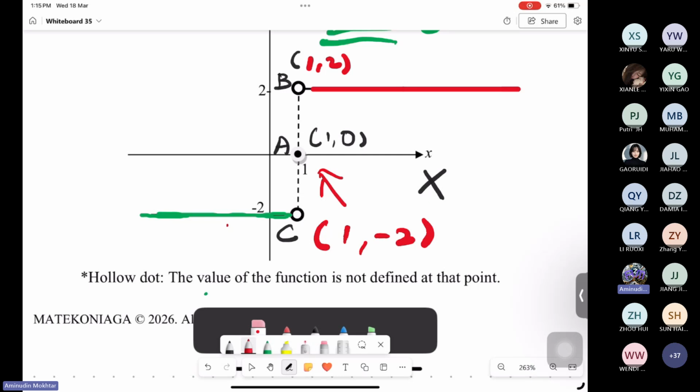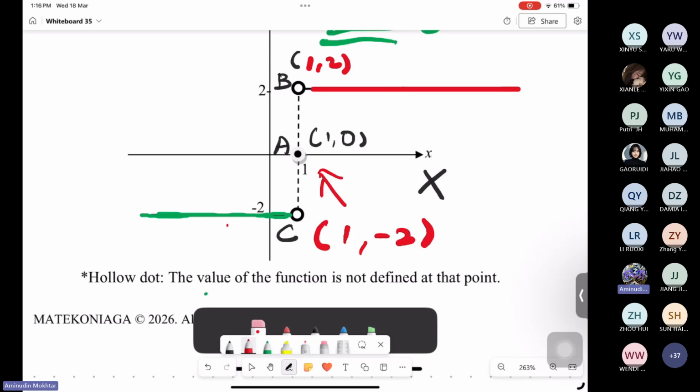We just draw the hollow dot to show that the value of y does not exist at that point. There's a difference between the black point and the white point.